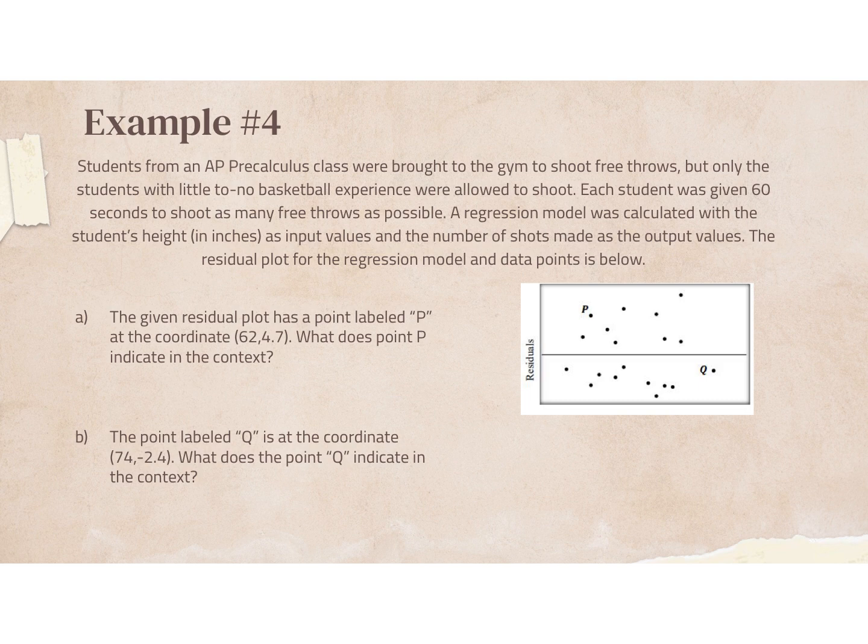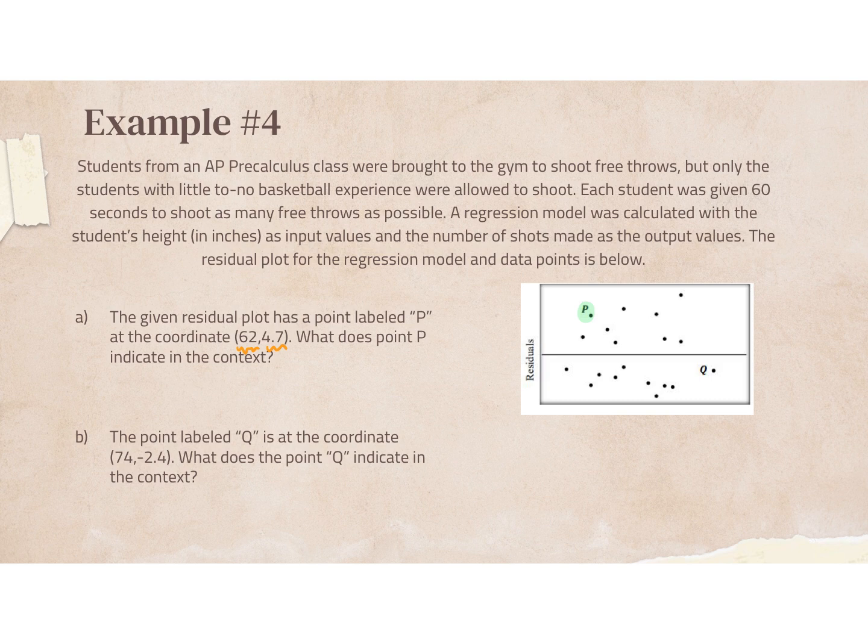Part A says the given residual plot has a point labeled P, which is right here, at the coordinate 62, 4.7. It says, what does the point P indicate in this context? Well, we know that the coordinates of this residual plot give us the input and the residual.